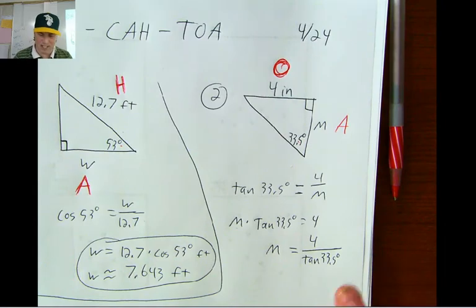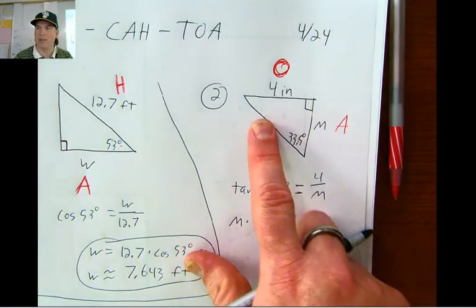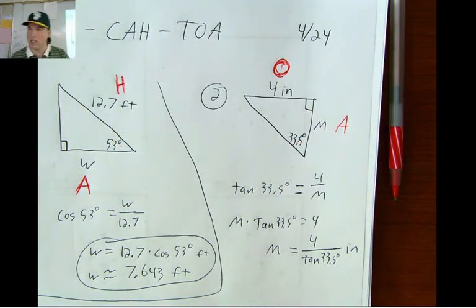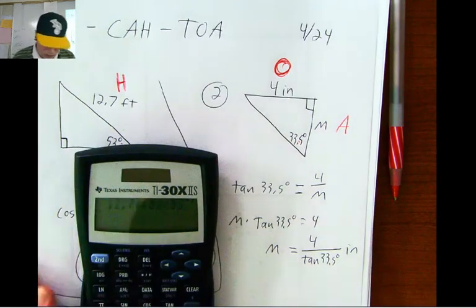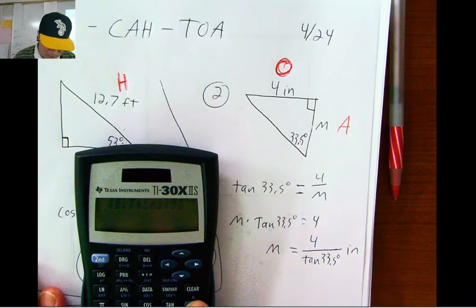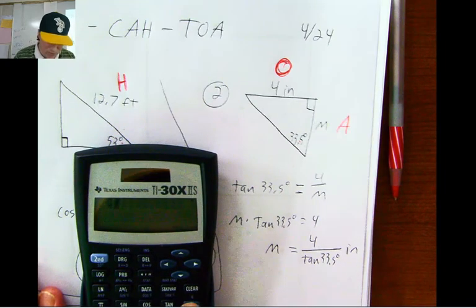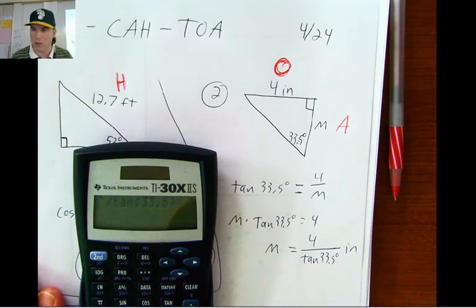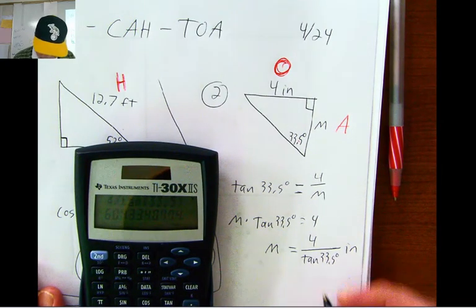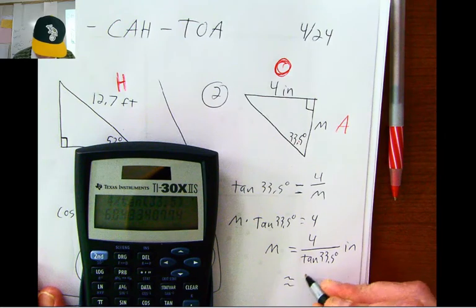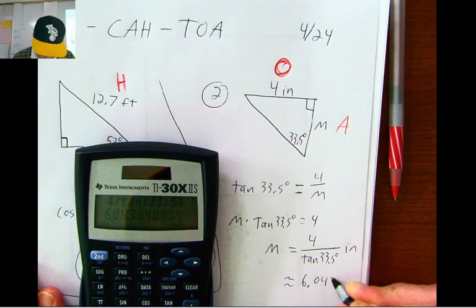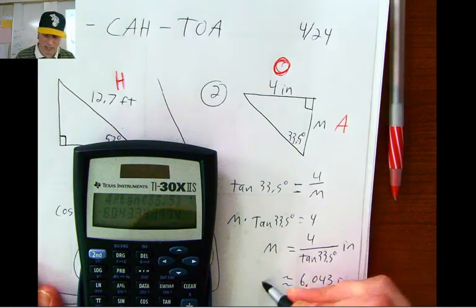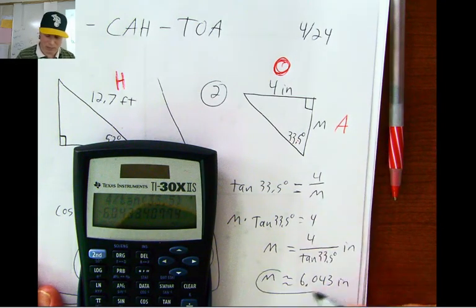This is the exact answer. Because we're dealing with inches, I'll put inches here. But of course you can get a decimal approximation: 4 divided by tangent 33.5 degrees, close parentheses, and I get an approximation of 6.043 inches. Approximate to 3 decimal spots, the thousandths.